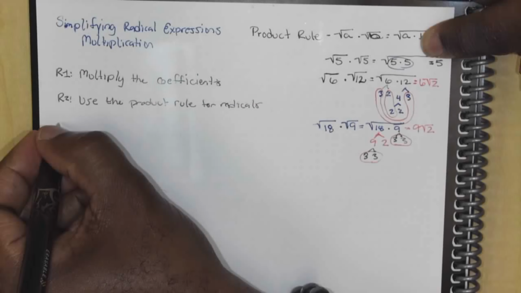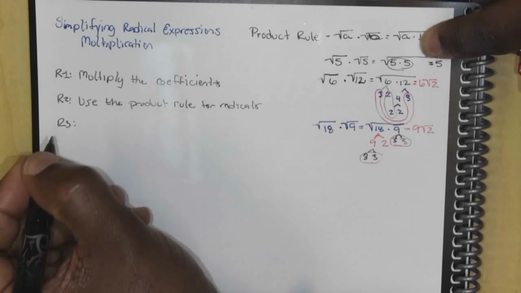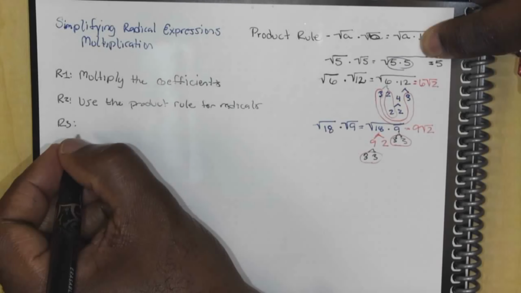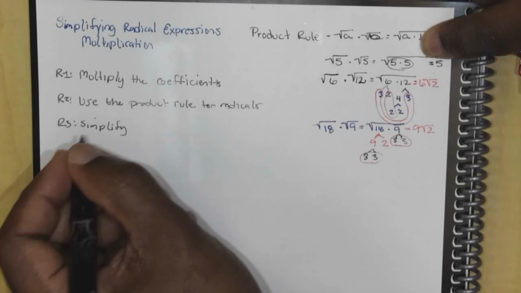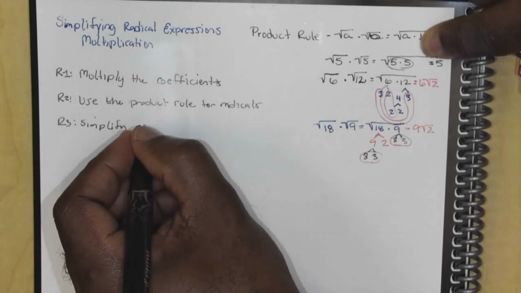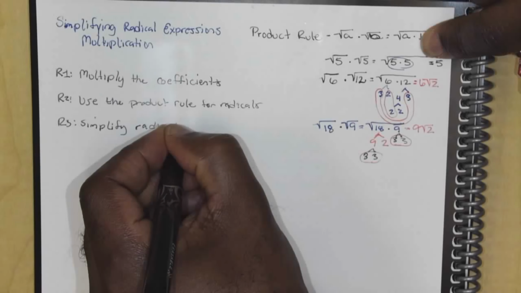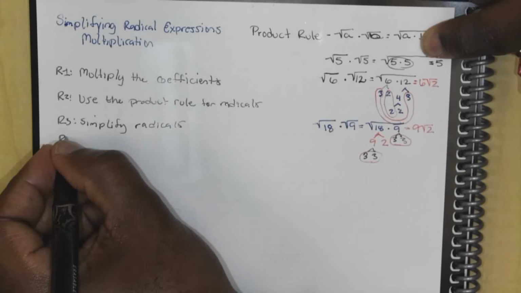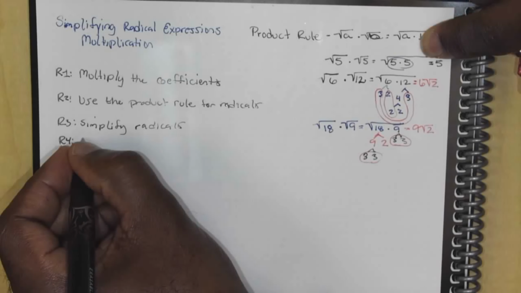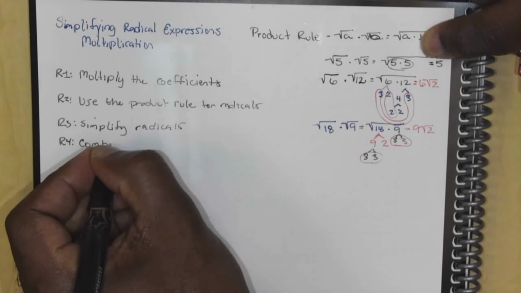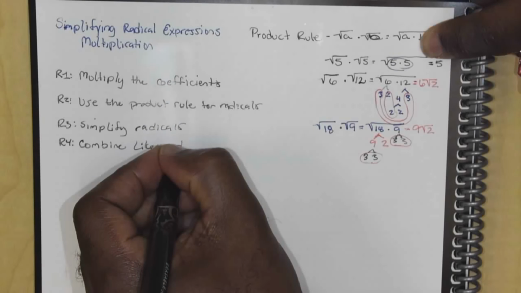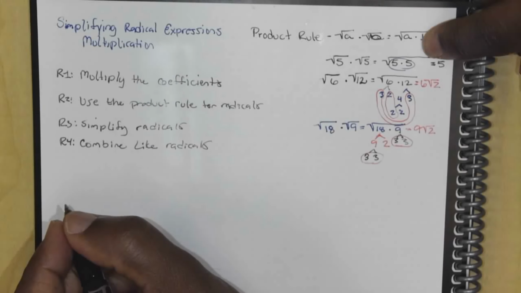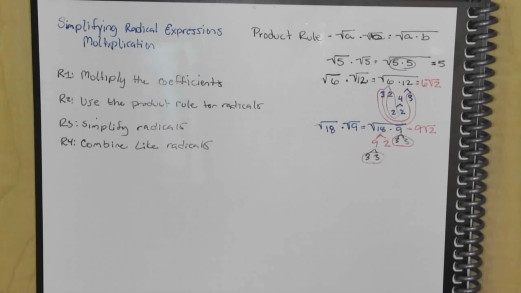Rule 3 is to simplify the radicals. And rule 4, which we'll get to next week, is combine the like radicals. We'll say like terms, but same.